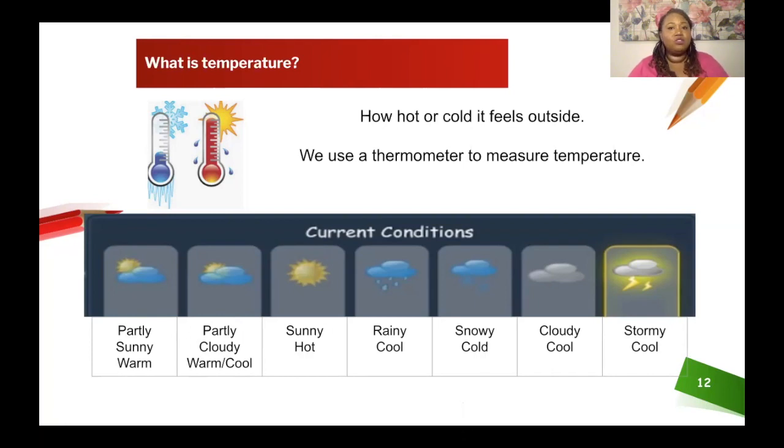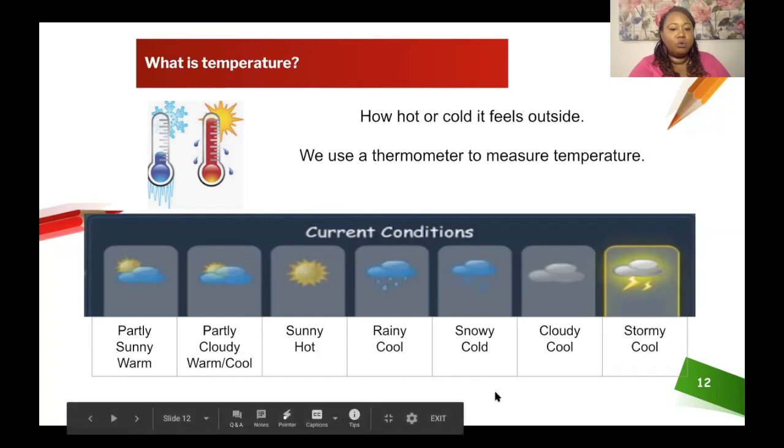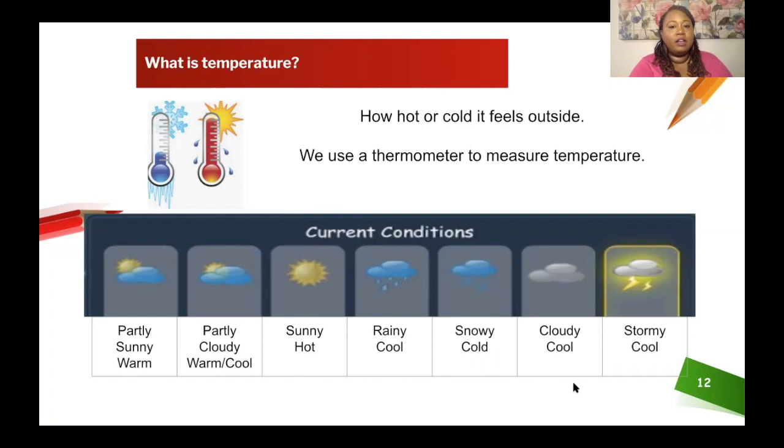And when it's stormy outside, the weather feels cool. If we notice, when we can see the sun, it is hotter. But as the sun goes away, it gets colder and colder.